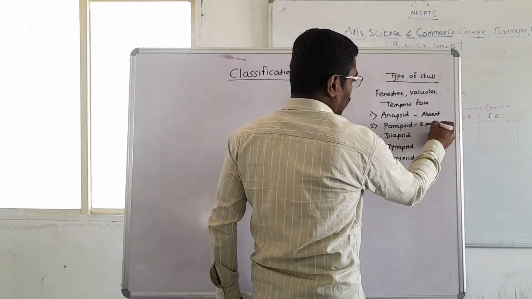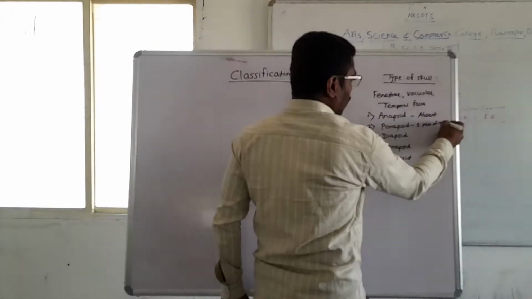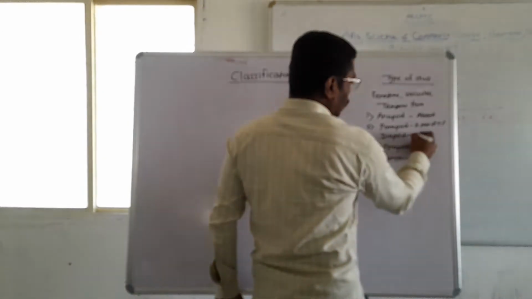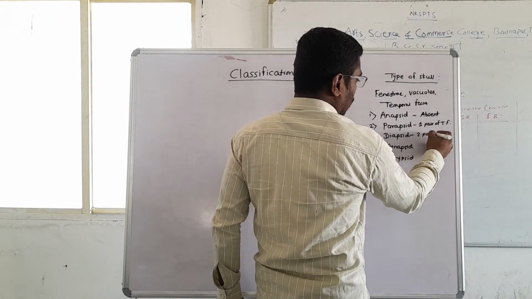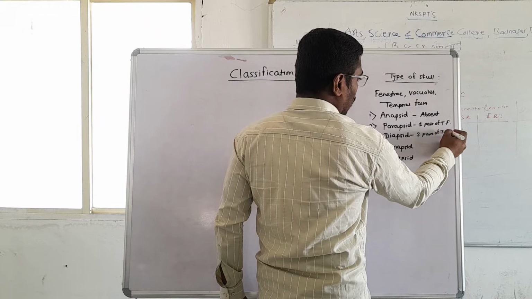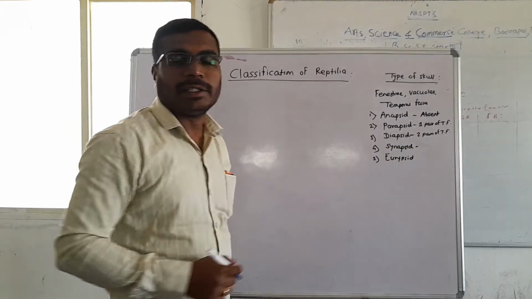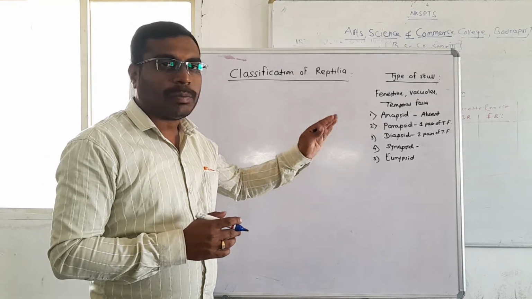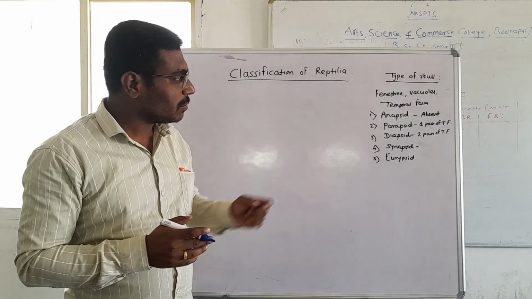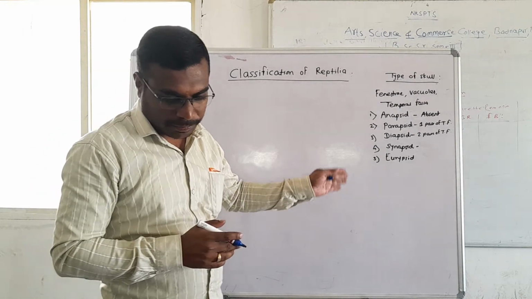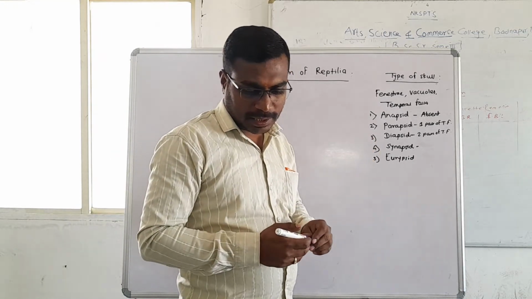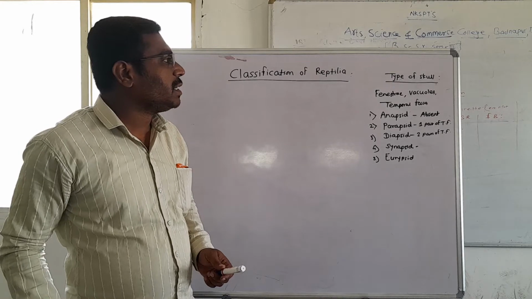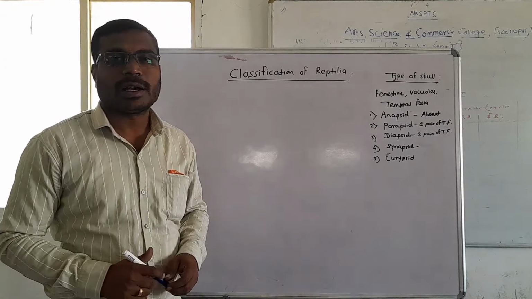In Diapsid, two pairs of temporal fossa, and these are in between the bones of the skull. We will see one by one. Then what is Anapsid? We had seen in Anapsids temporal fossa are absent.